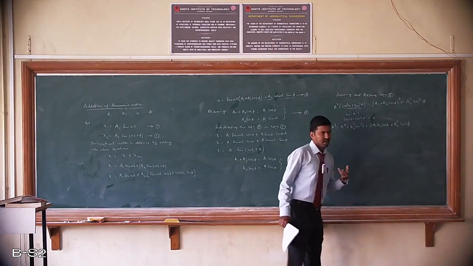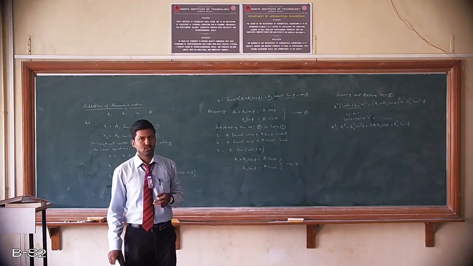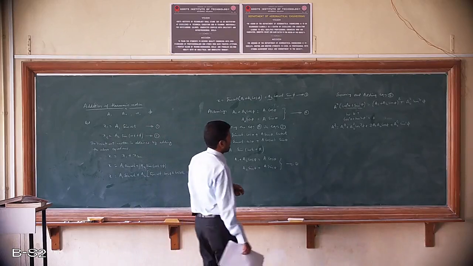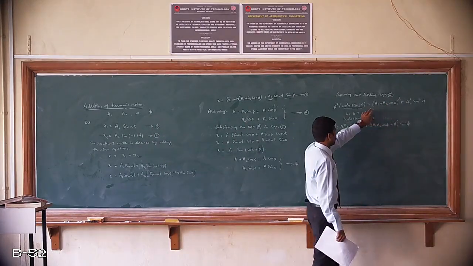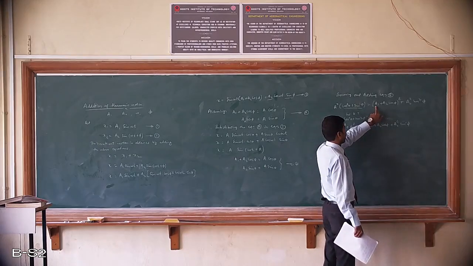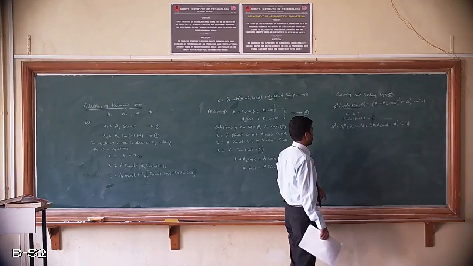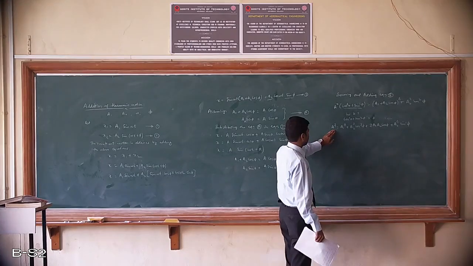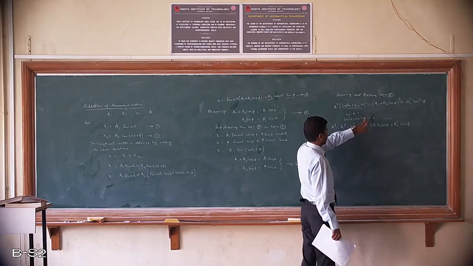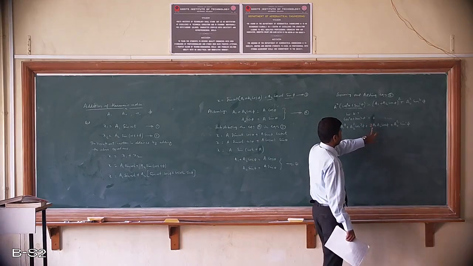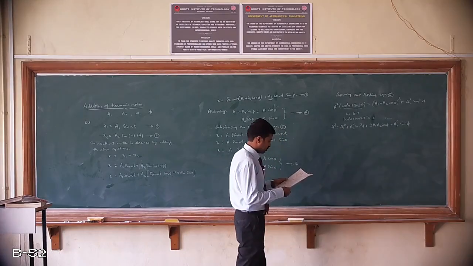If I expand a plus b whole square, what is the formula? A square plus b square plus 2ab. So like that I need to expand a1 plus a2 cos phi whole square. In place of a we have a1, in place of b we have a2 cos phi. So if I expand, in the LHS it is a square, and the RHS is a1 square plus a2 square cos square phi plus 2 into a1 into a2 cos phi plus a2 square sin square phi.